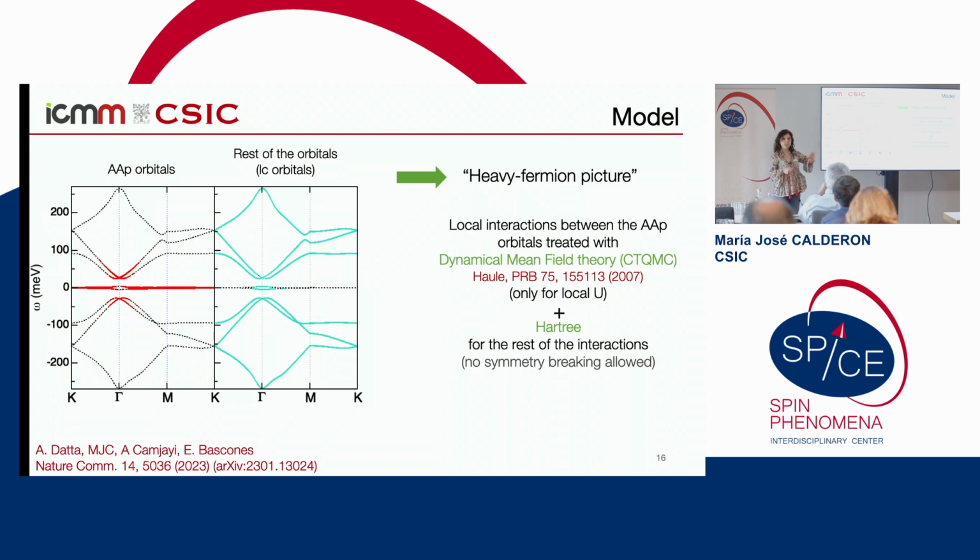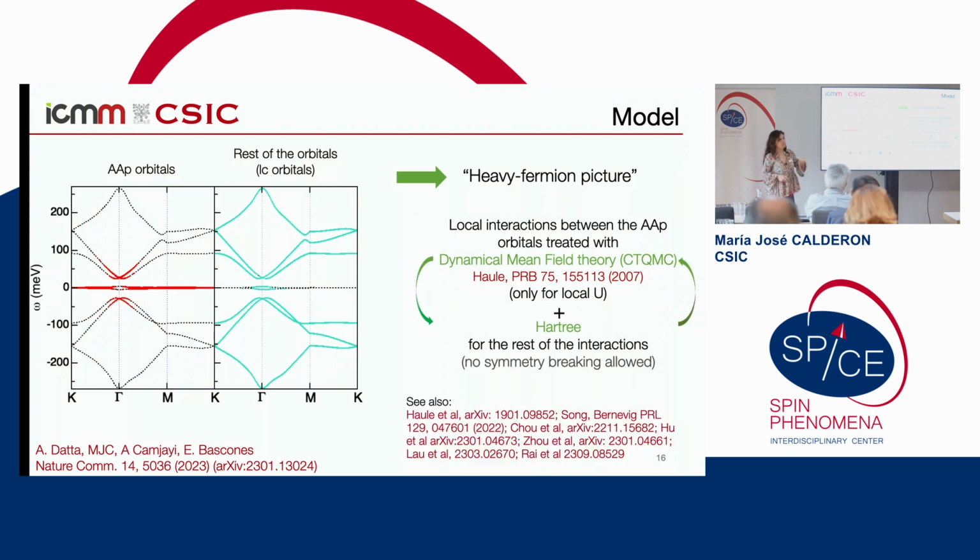So we don't throw away any of the interactions. We have everything here and only use dynamical mean field theory for the local interaction between the most correlated orbitals. Okay? So dynamical mean field theory is a very expensive technique computationally, so we cannot do it for the whole system, and so we did this in an effective way, and then we solve this self-consistently.